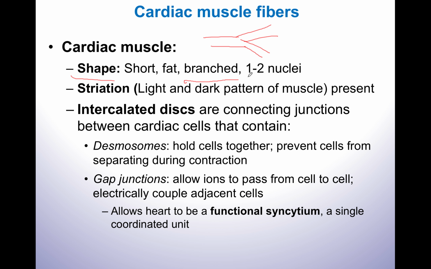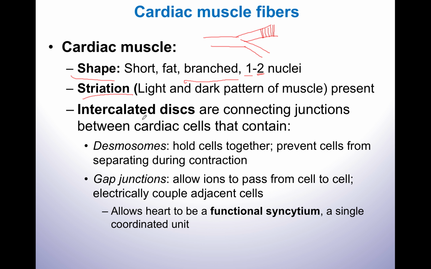The majority of cardiac muscle cells have one nucleus, but they can have up to two nuclei. They have the light and dark pattern present in the muscle, which you looked at. If you're looking at the muscle, you see patterns like this, and those patterns are referred to as striations.